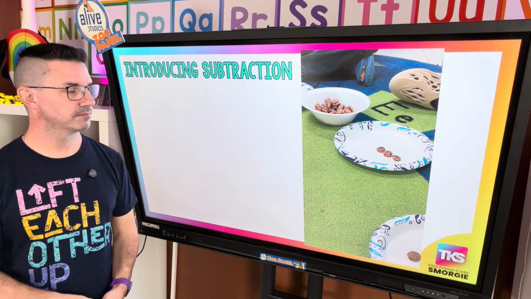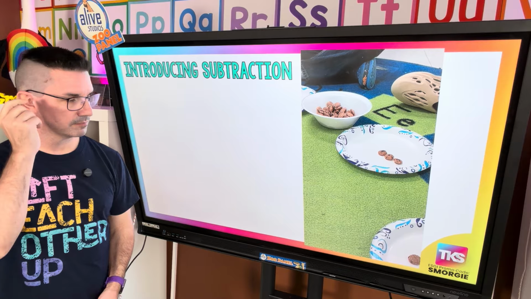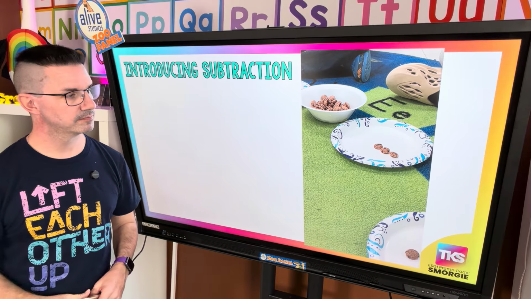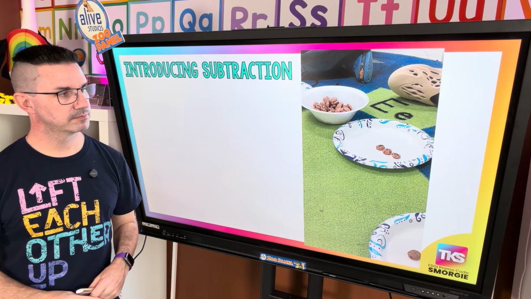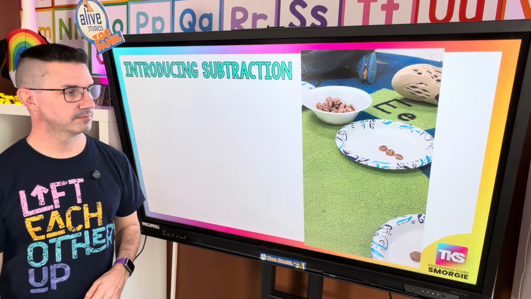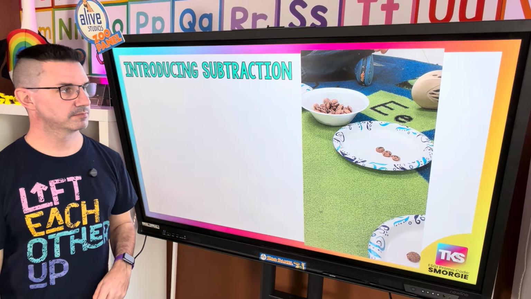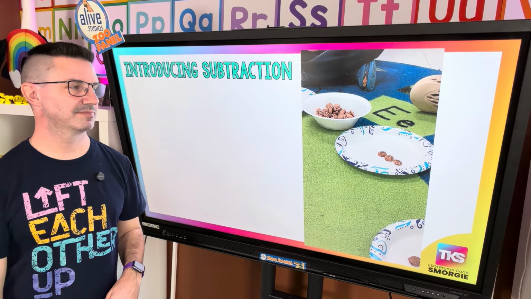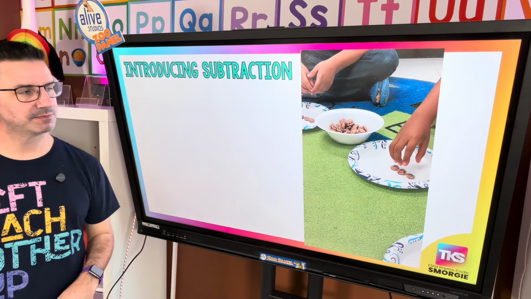So 4 minus 1 equals? 3. Because how many cookies do we have left? 3. How do we subtract? Take away. Very good.